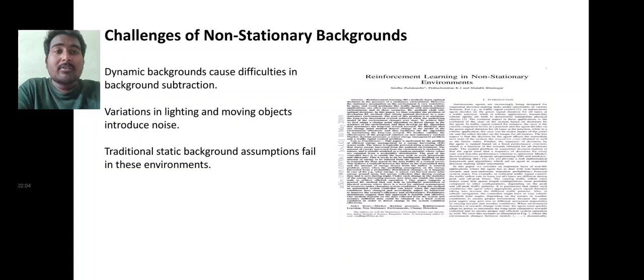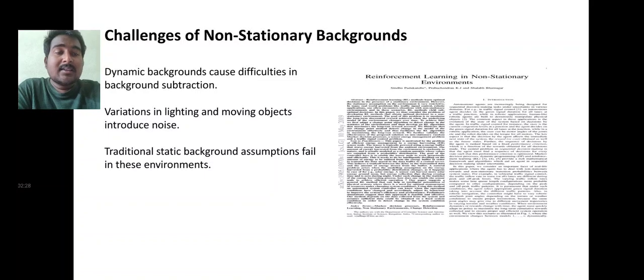Challenges of non-stationary backgrounds. Dynamic backgrounds cause difficulties in background subtraction. Variations in lighting and moving objects introduce noise. Traditional static background assumptions fail in these environments.